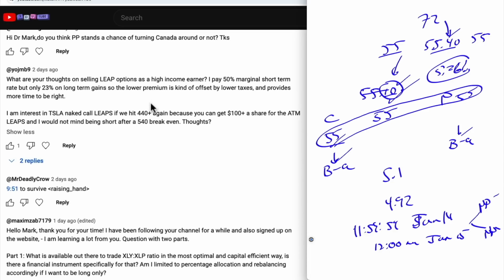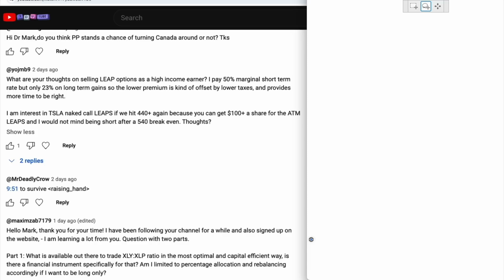What are your thoughts on selling LEAP options as a high-income earner? I'm not sure what that has to do with being high income. Usually if you're selling options, you sell short periods of time. I pay 50% marginal short-term rate, but only 23% on long-term. Oh, that's not going to matter. Let's say you sell a 10-year call today and you think, well, in 10 years I'll have to get it.